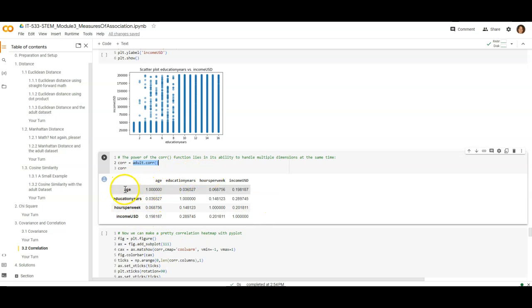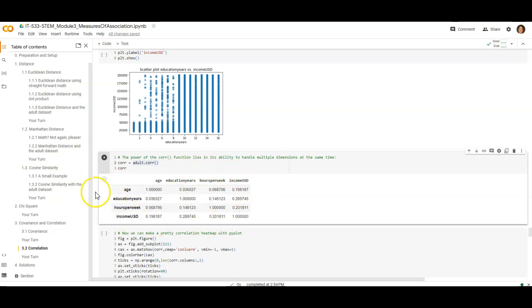And we're seeing that, of course, the attributes when correlated to themselves will always produce a perfect correlation here. Age to age is always 1. Education years to education years is always 1. But what's really interesting is to see the correlation between education years and age, hours per week and age, income USD and age, and so on and so on.